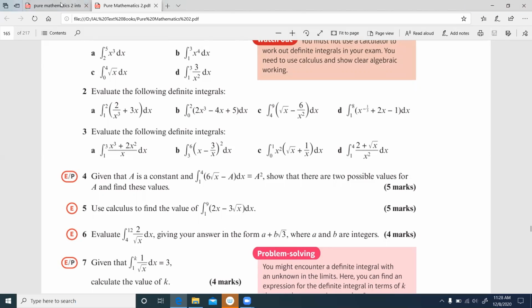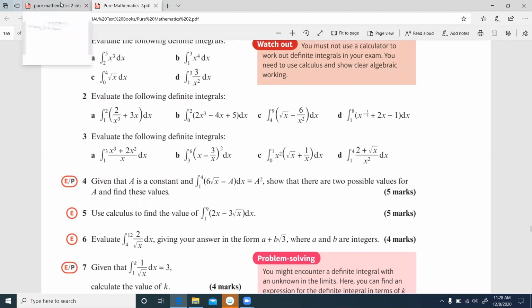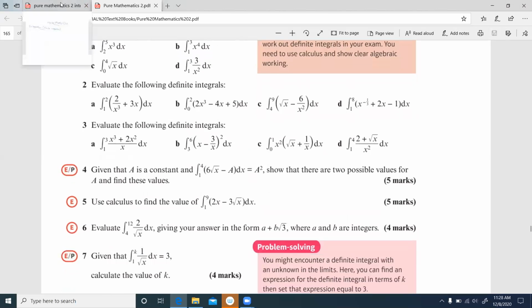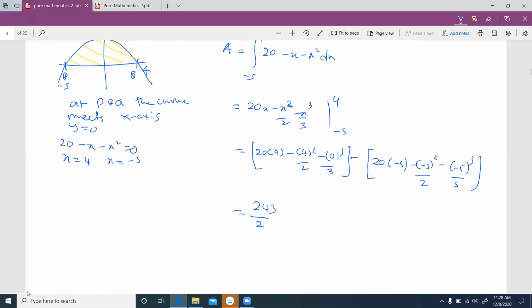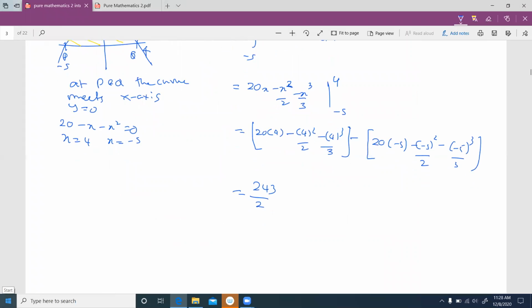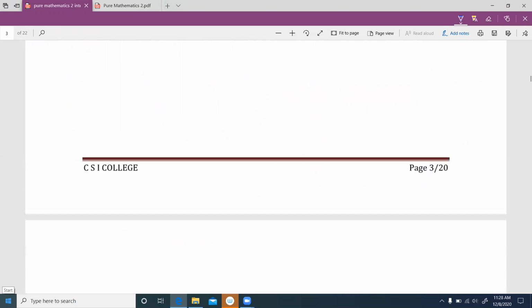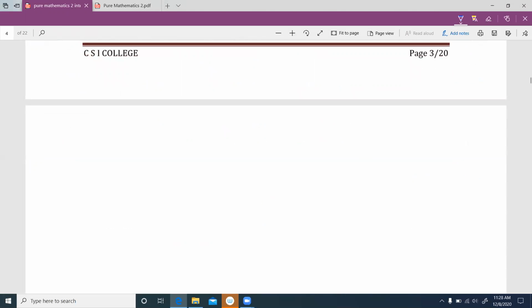This is exercise 8A, question number 4. The question is the integral from 1 to 4 of 6 root x minus a dx equals a squared.